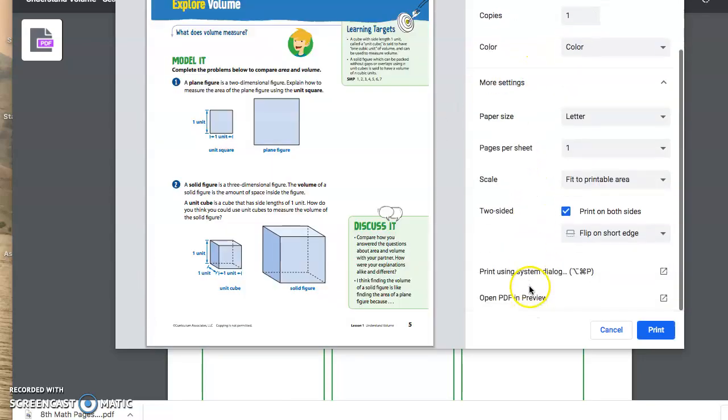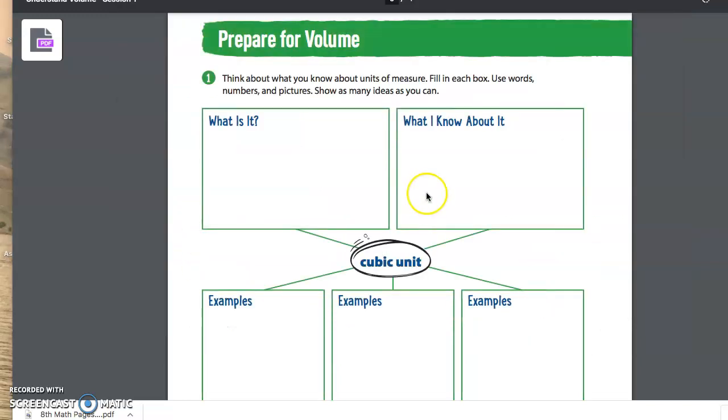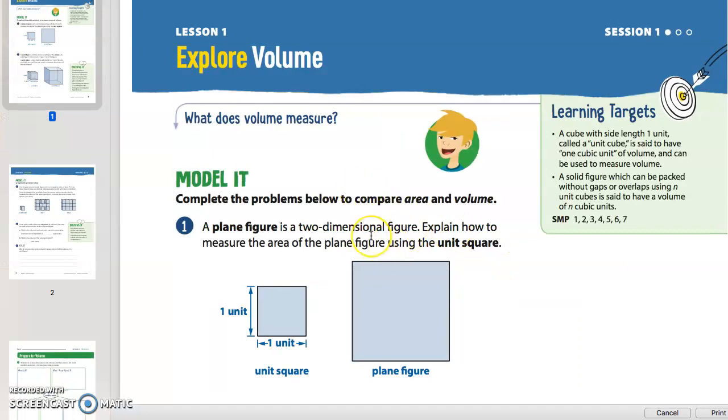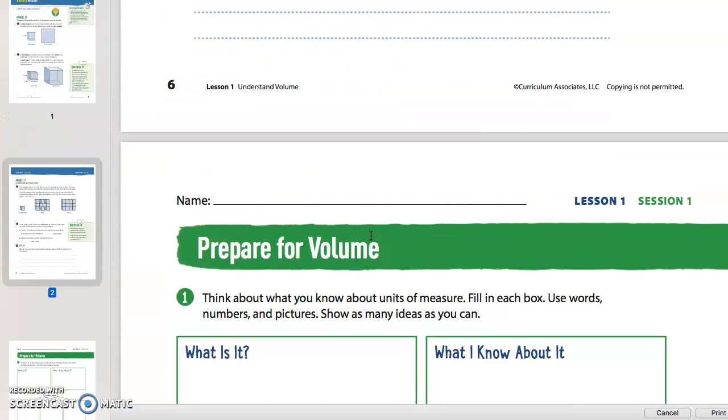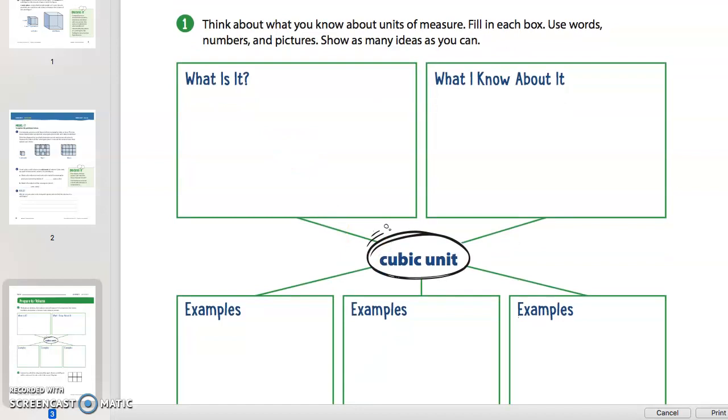So you already went through all of this, all of the modeling and exploring about one unit, and that a unit cube has one unit on each side. So I'm going to add that information to the part that says what is it. So right here it says what is it.